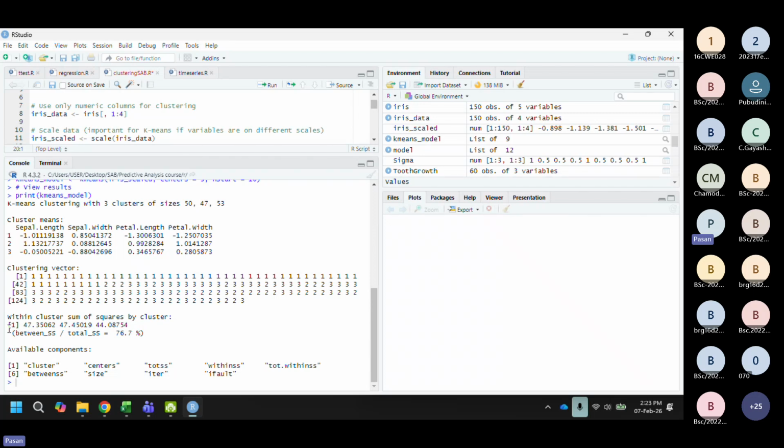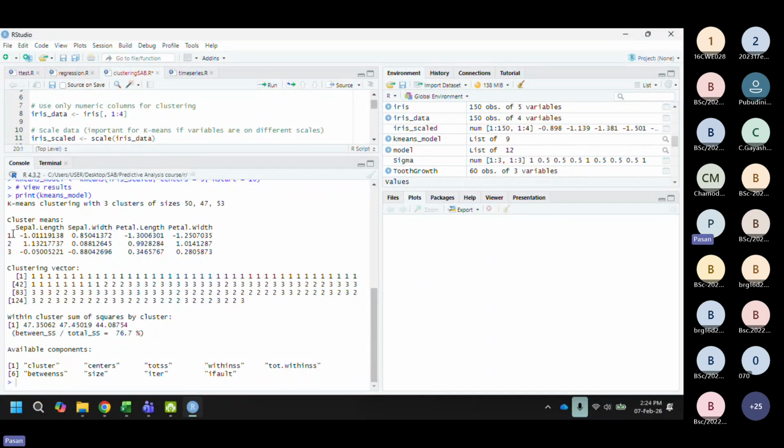So this is my k-means model. I'm having three clusters: the first cluster has 50 observations, the second has 47, and the third has 53. Altogether 150 observations are put into the three clusters like that.